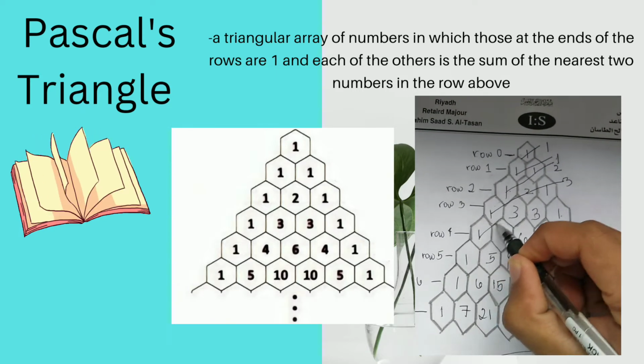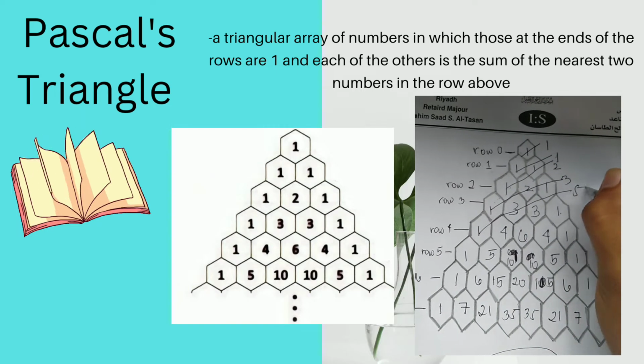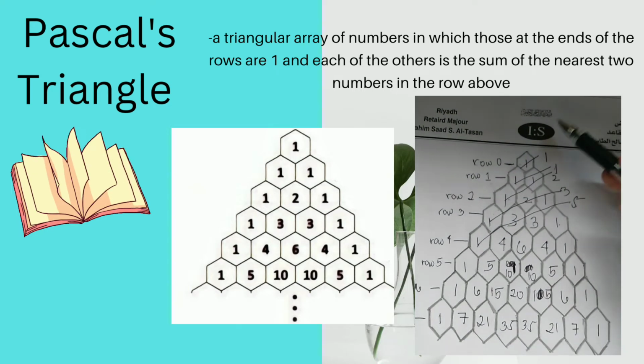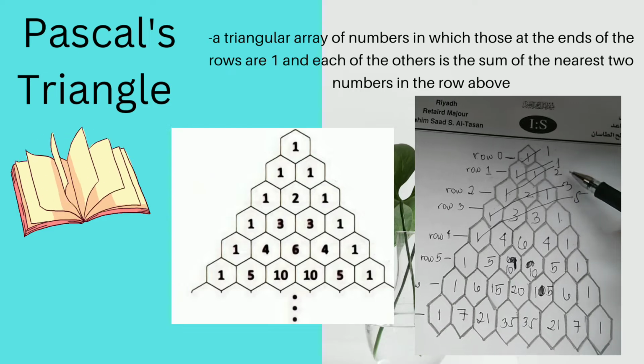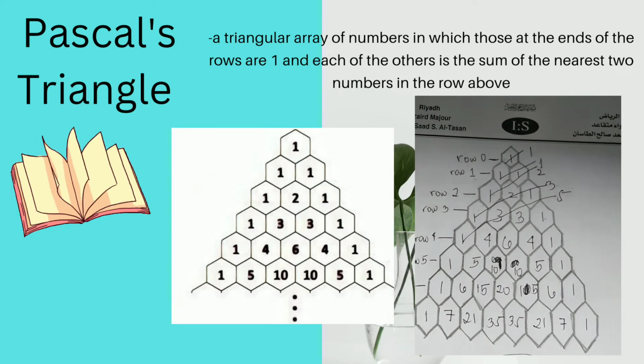And then 1 plus 3 plus 1 is 5, and so on. So as you can see, 1, 1, 2, 3, and 5 is the Fibonacci sequence.